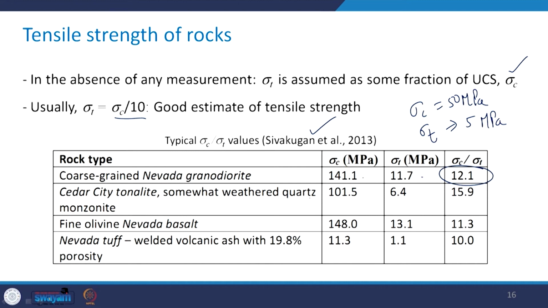Similarly, for these different types of rocks, here are the sigma c upon sigma t values. In general, it has been seen that taking sigma t equal to sigma c upon 10 gives a reasonably good estimate of the tensile strength.